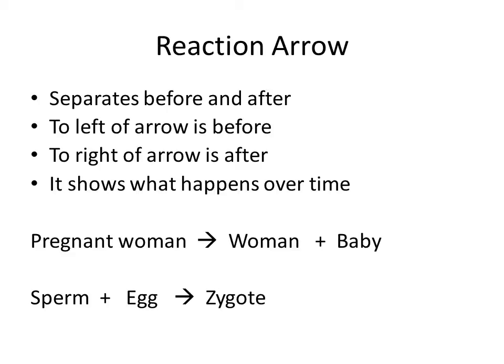Beforehand, we have a pregnant woman, time elapses, and then afterwards we have a woman and a newborn baby. Same thing with a sperm and an egg. Before, you have a separate sperm and egg, then time elapses and you have a zygote.